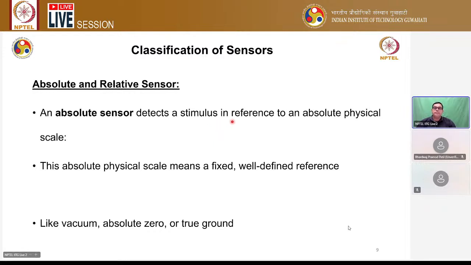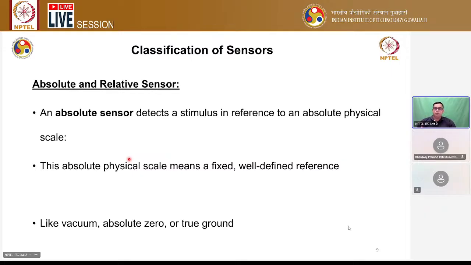I hope the confusion is because of the absolute physical scale, so if we define it, the confusion will be cleared. This absolute physical scale that I'm talking about is a fixed and well-defined reference.